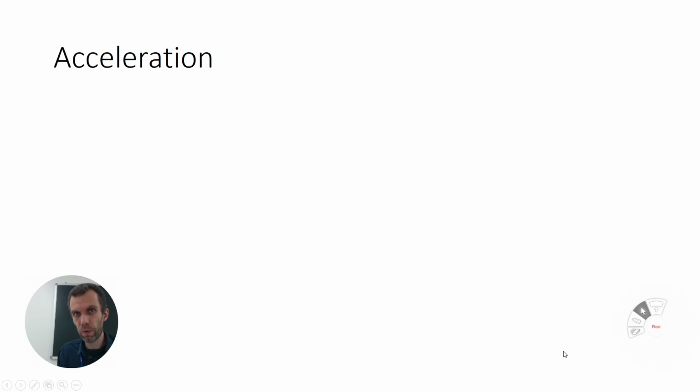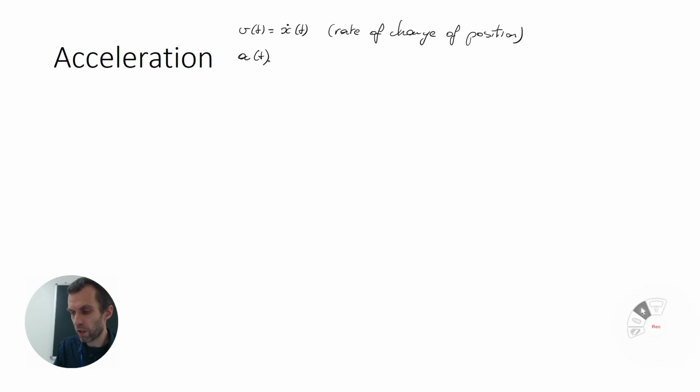So now that we know about the velocity, let's also talk about the acceleration. And that is very similar to the velocity. So we already defined the velocity as the rate of change of the position. And now the acceleration, which we'll denote by a of t, is the rate of change of the velocity.